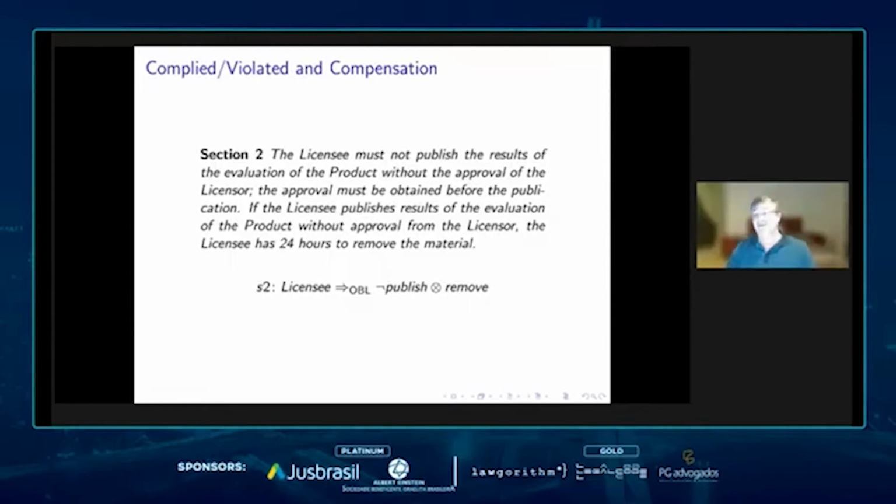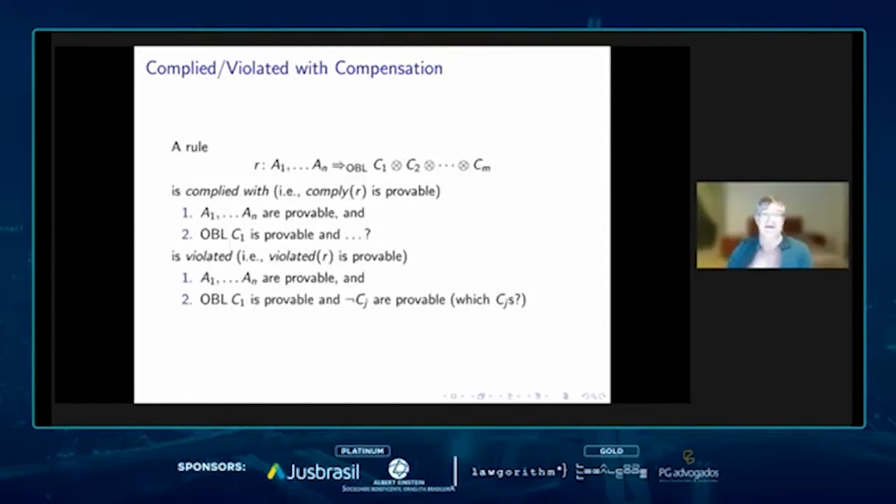Well, based on these discussions, essentially we can extend the definitions. When instead of a single element in the conclusion of a prescriptive rule, we have a chain considering possible obligations and possible compensations, then essentially we could have different possible meanings. Of course, the rule must be triggered, and then at least the first element must be provable, and additional conditions.